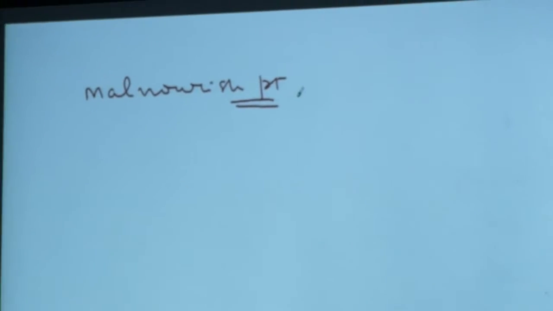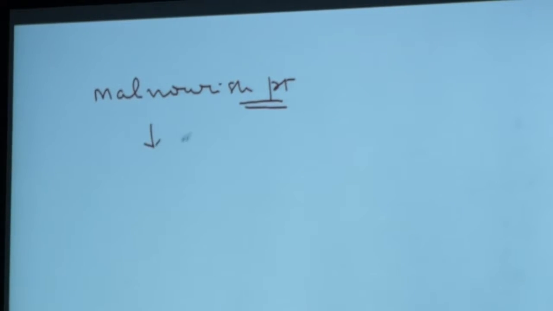Suppose we get a malnourished patient. We got one patient who is highly malnourished. Will it create any difference in anion gap? Yes.